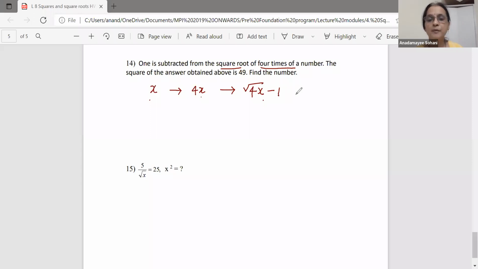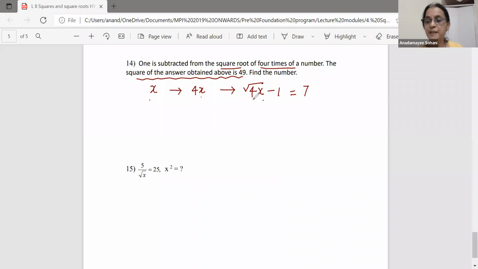Whatever answer I get obtained above, the square of the answer is 49. Understand this. So what is my answer? 7. Please understand the wording. Don't take root 4x minus 1 as 49. The square of the answer obtained.